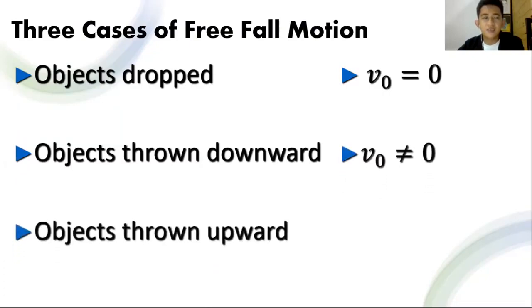And the last case is objects thrown upward, where the final velocity, or the velocity at the maximum height, is equal to 0. The moment that we experience a final velocity of 0 at the maximum height, we call it hang time. Let us watch this short video clip from TED-Ed.